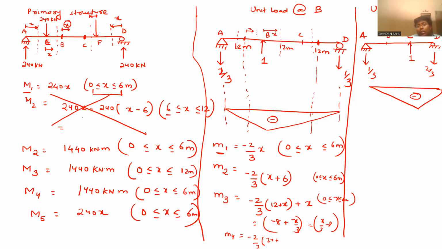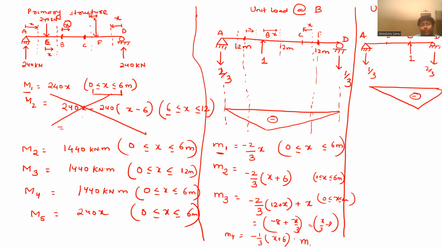So now if our x is taken from this direction for C to F, here also you have to take it in this direction. So now tell me the equation from the other side. What will it be? Minus 1/3 into 12 plus x, sorry, plus 6 plus x. I'm really sorry.